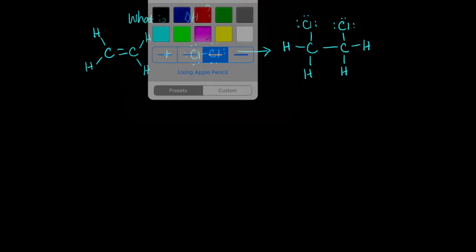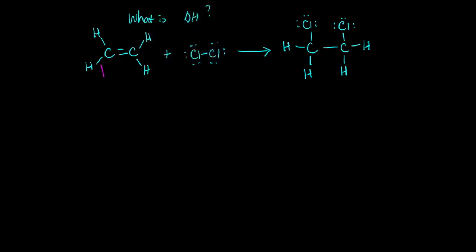So in this molecule here, we have two types of bonds. We have a CH bond, which is worth 415. And we have a C double bond C, which we've previously talked about, is 611. Here we have a chlorine-chlorine bond, which has an energy of 243, okay? And a CH bond over here.